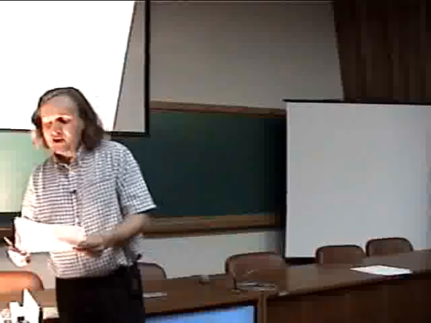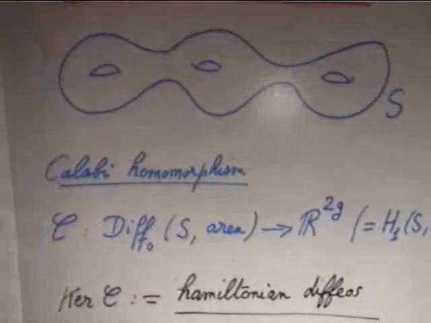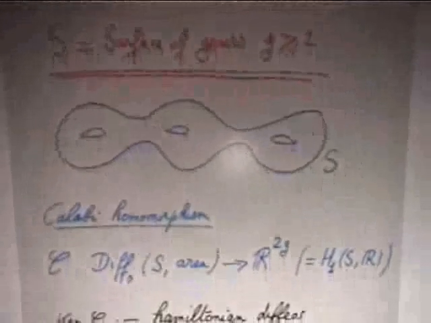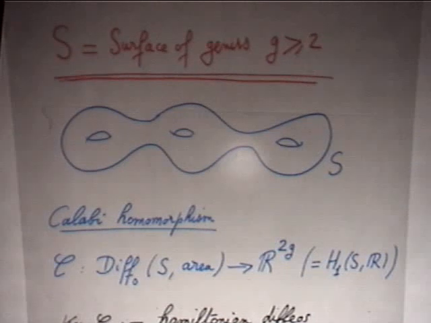Okay, so in higher genus, the situation is more complicated because you also have this Calabi invariant, which goes from diffeomorphisms isotopic to the identity and respecting the area. And this is a homomorphism now, which is not with values in R2, but in R2g, where g is the genus of the surface.